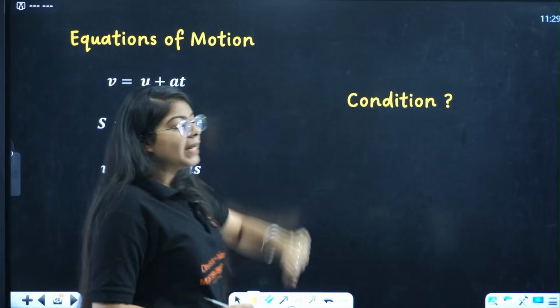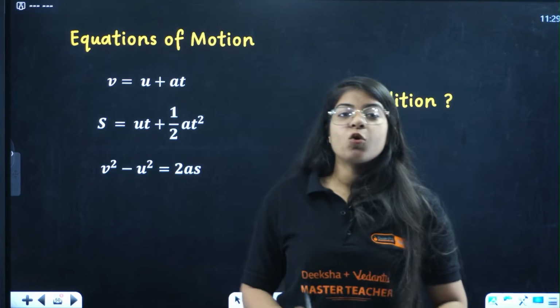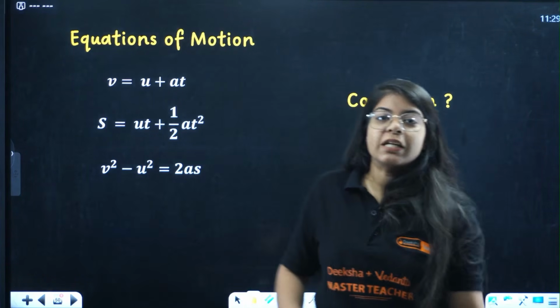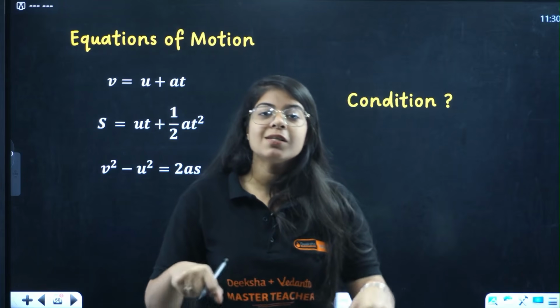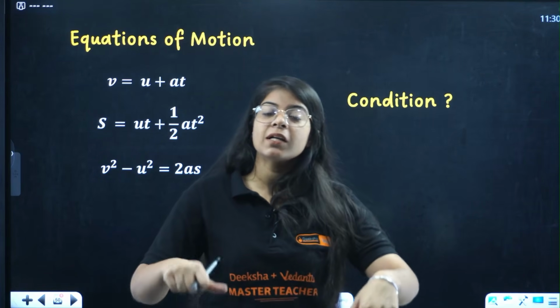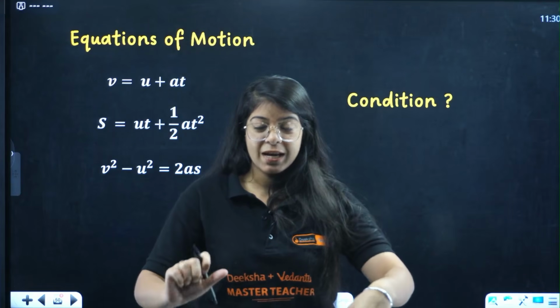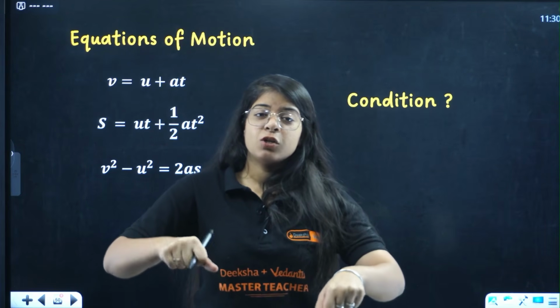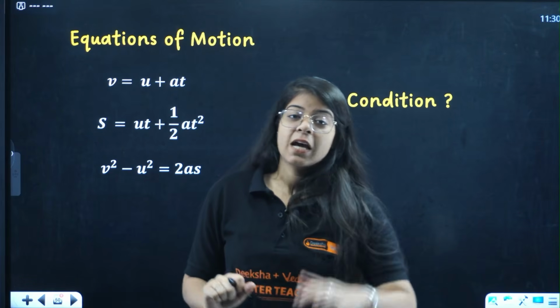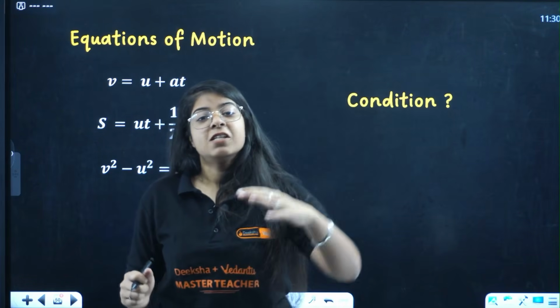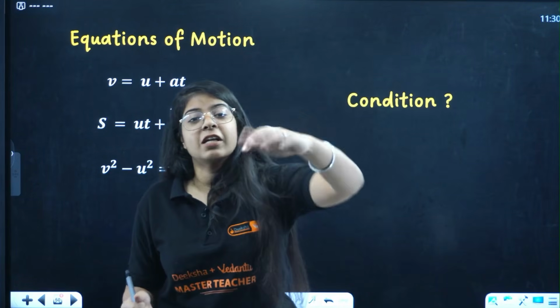First of all, let's imagine that I am going again to get a burger, or you send your father again to get a burger. Now he's continuously going at the same velocity, or he's continuously increasing his velocity. And when he comes back, he uniformly decreases his velocity. That means in the first second, 10 meter per second, second second, 20 meter per second, third second, 30 meter per second.